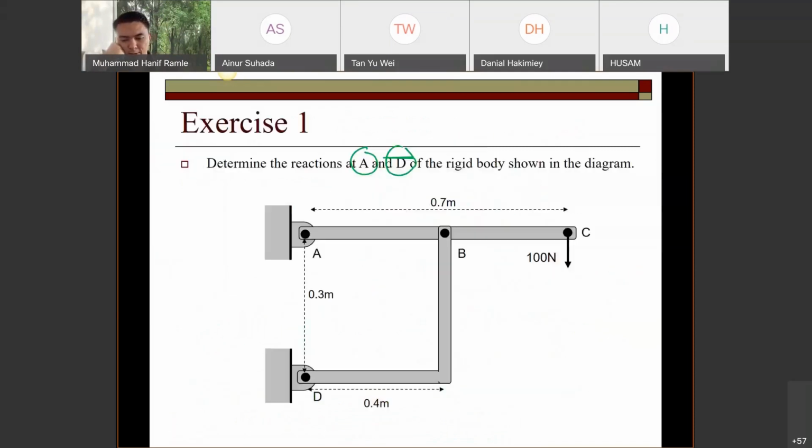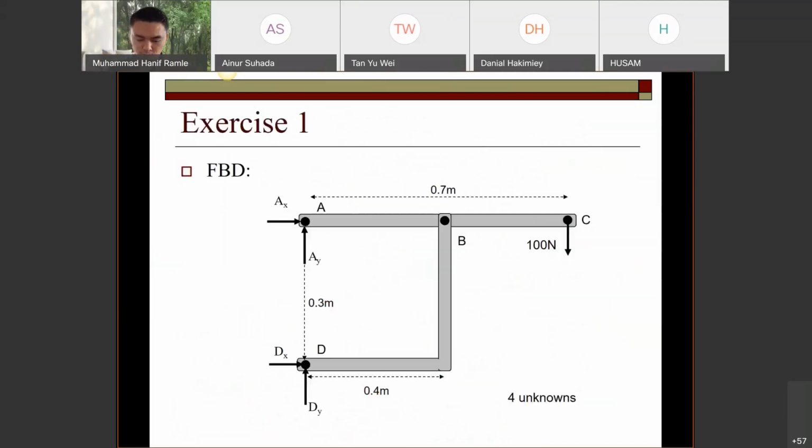So how to introduce? The best member to introduce a 2 force member is this member. In this case, the best member is member BD.